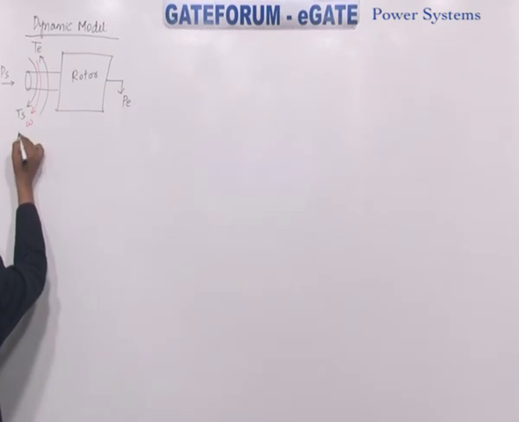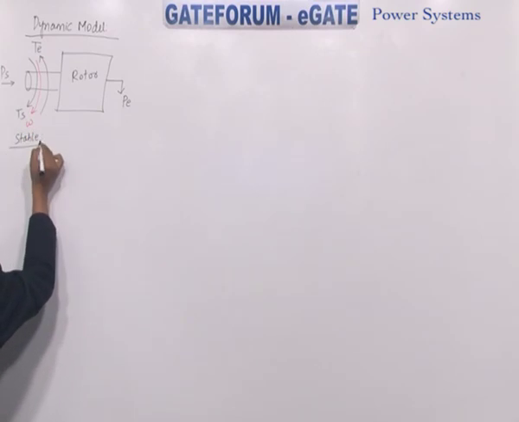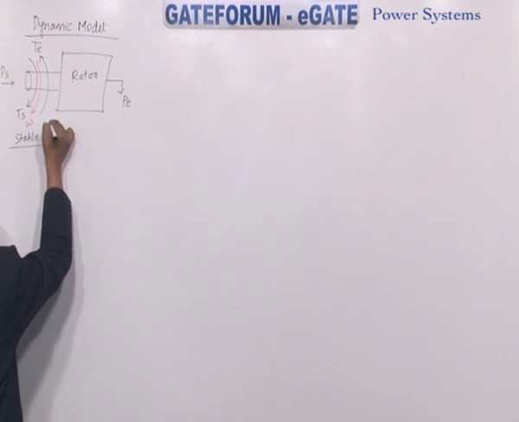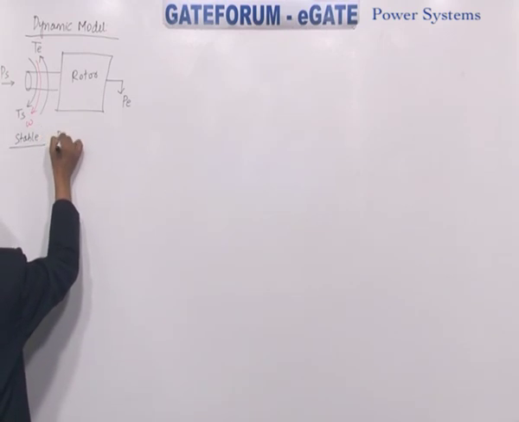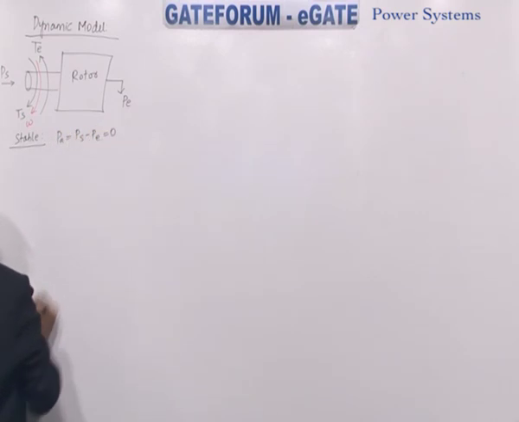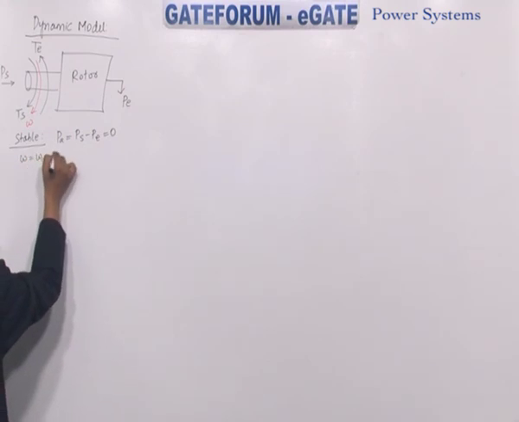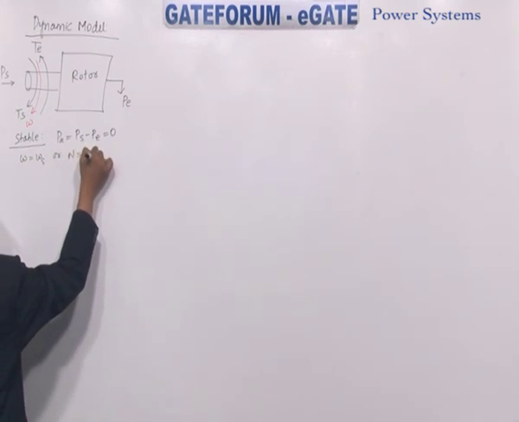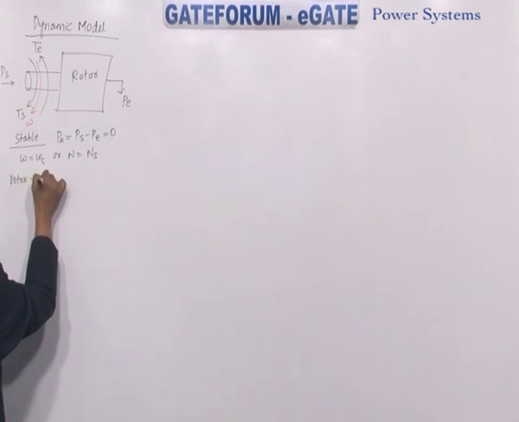Now first you consider stable operation. So we check the stable condition. Under stable condition, what is PA? Mechanical input minus electrical output is 0, or you say omega equal to omega s, or n equal to ns. So what about the rotor now?